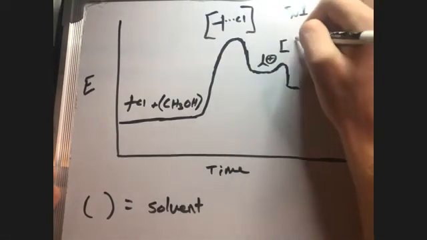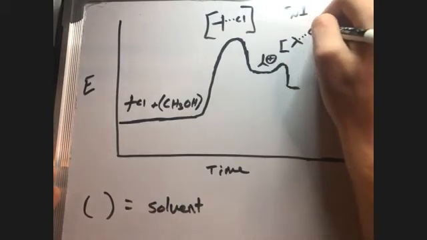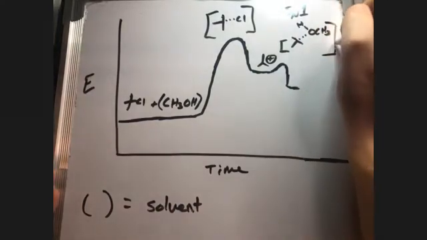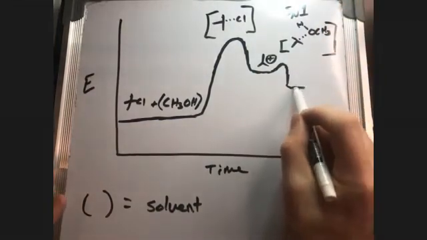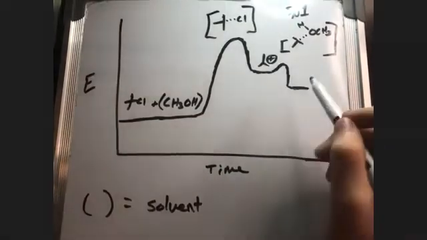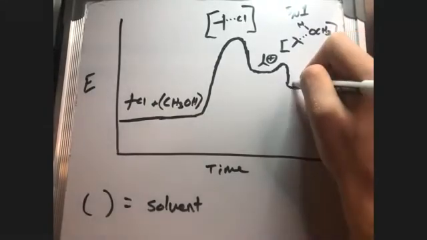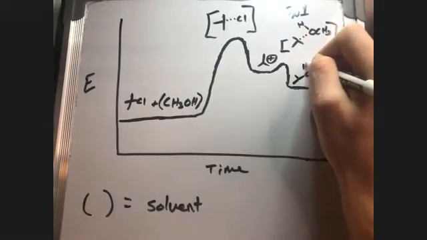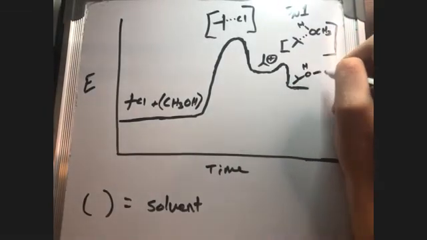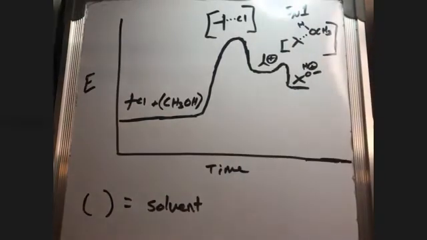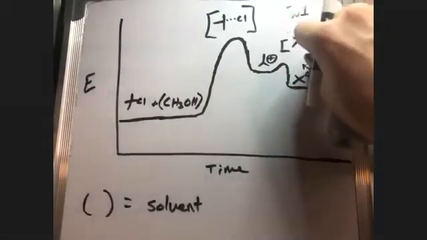So this will create, let's draw it like this, transition state. Well, that's not the best, but hopefully that's clear. Then that creates a new intermediate, which is this one. And then, oh, that positive charge got messed up.